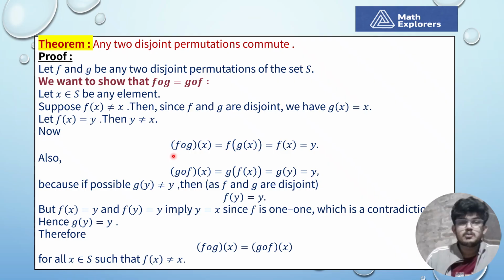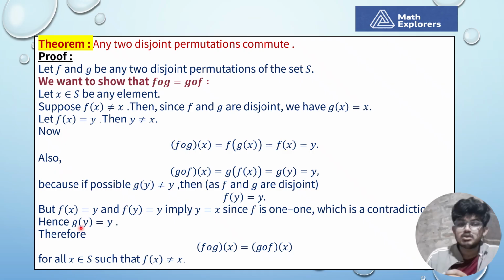Now f compose g of x equal to f of g of x. Here g of x is x, so it is f of x, which implies y. And similarly g compose f of x equal to g of f of x, and f of x means y, so g of y equal to y. g of y equal to y because, if possible, let g of y not equal to y. Then f of y equal to y because f and g are disjoint, and g of y not equal to y implies that f of y equal to y.